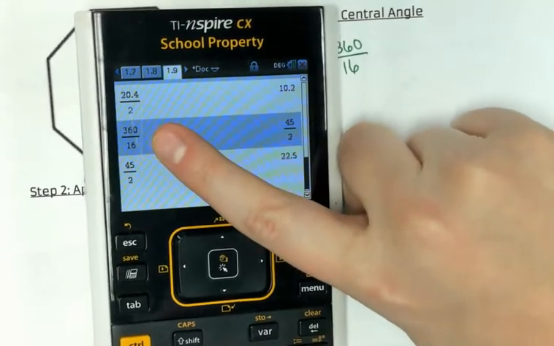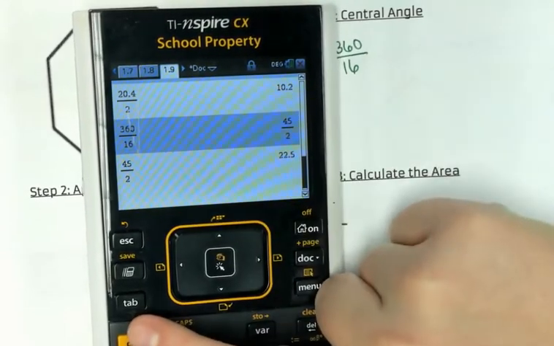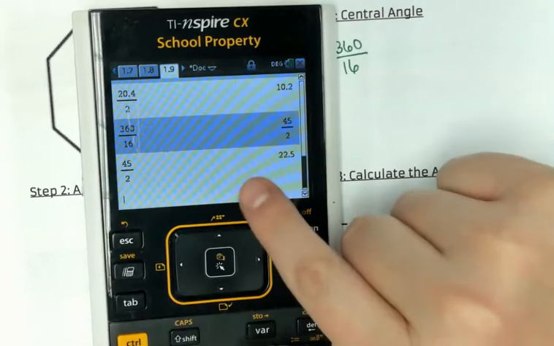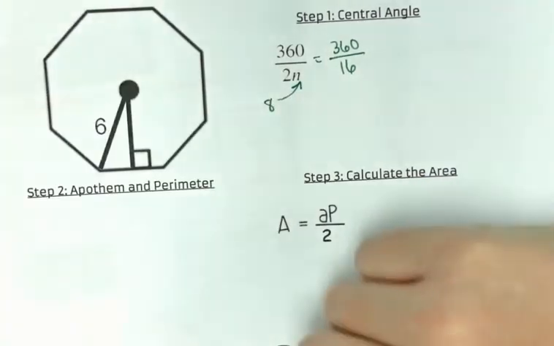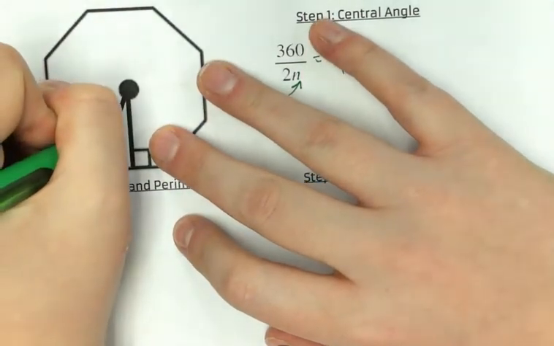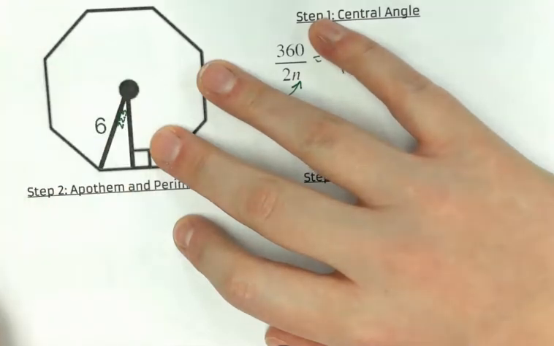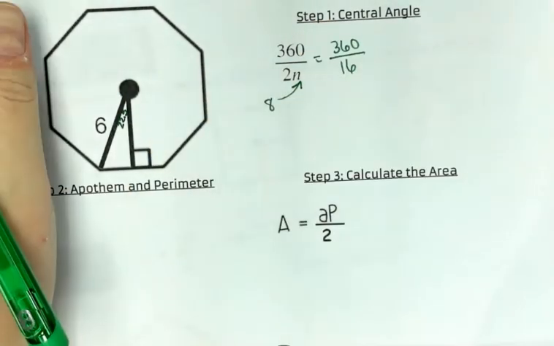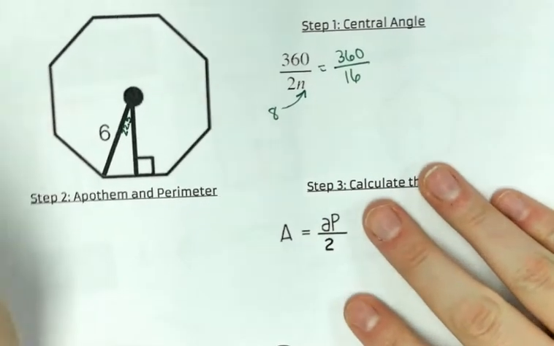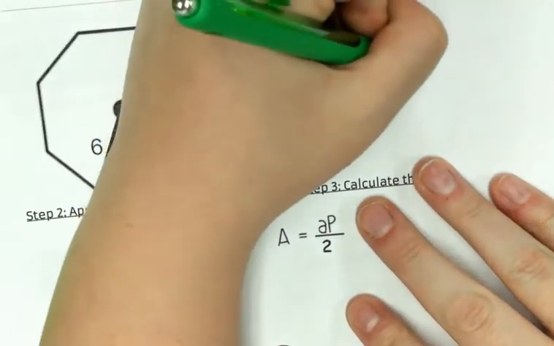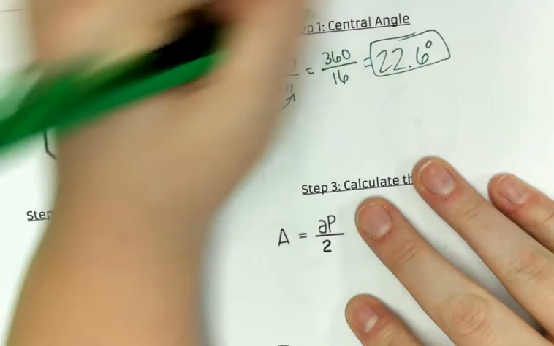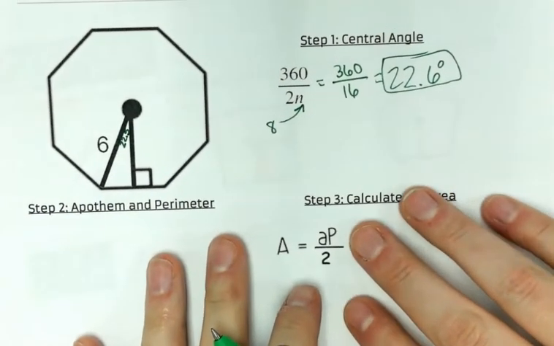You can always just do 360 divided by 16, and then before you press enter, click control and it'll give you the decimal answer. But 22.5 is our angle, so I'm going to write it in sideways. 22.5. It's kind of hard to see, but I'll write it big over here. So that's your central angle.